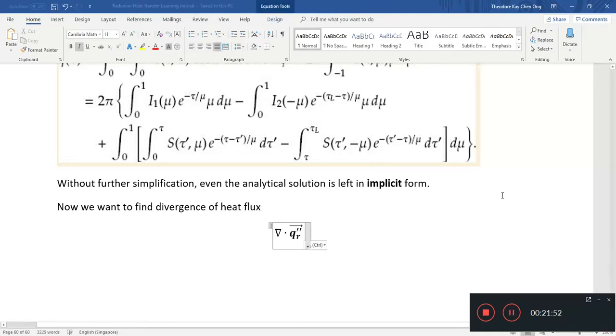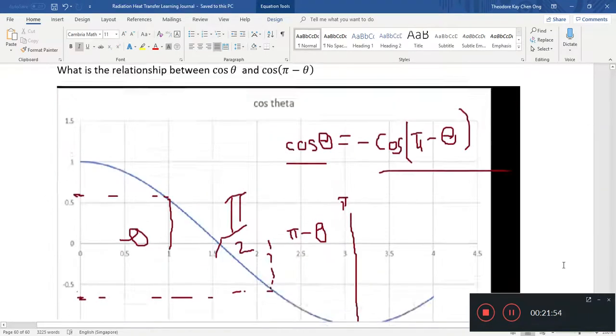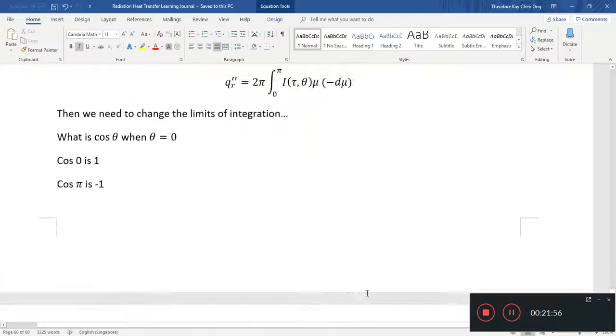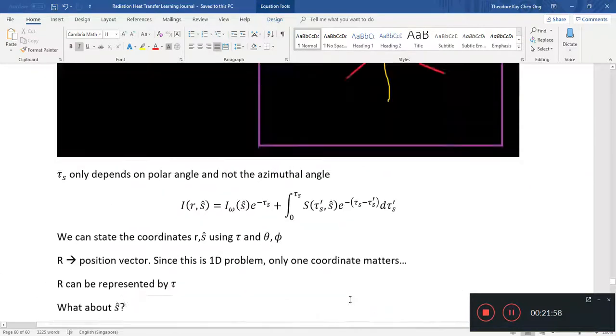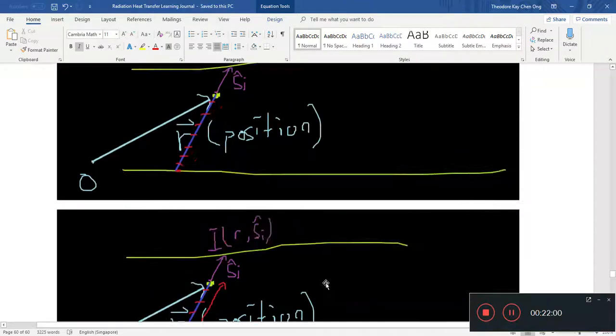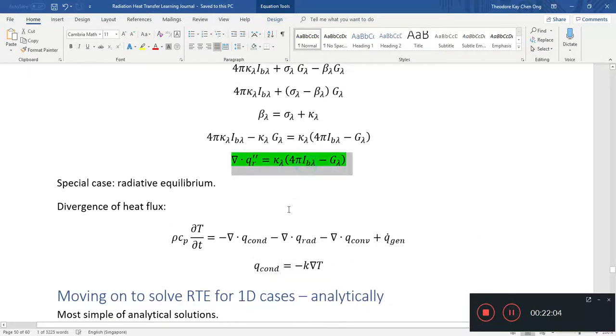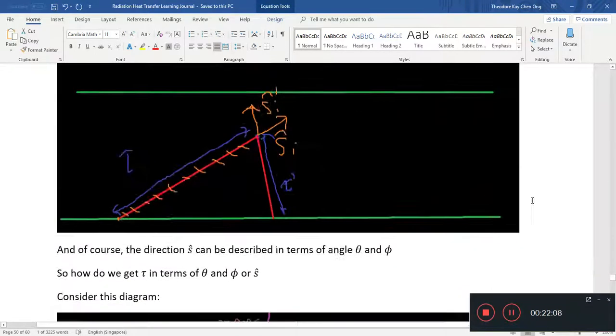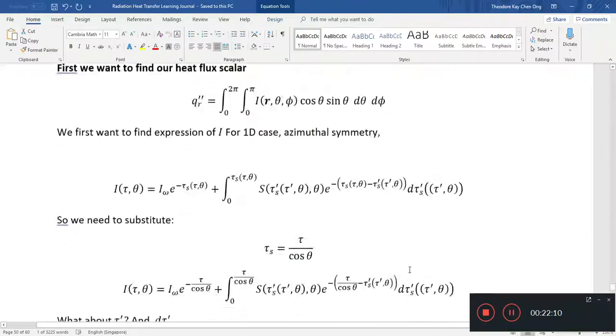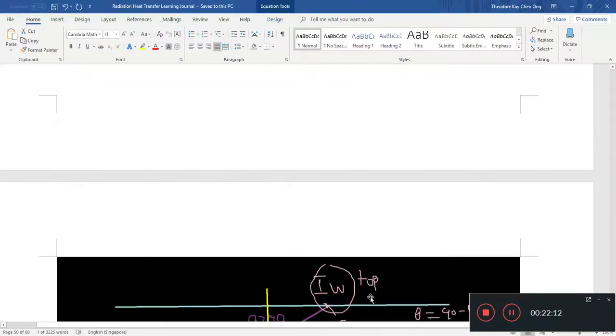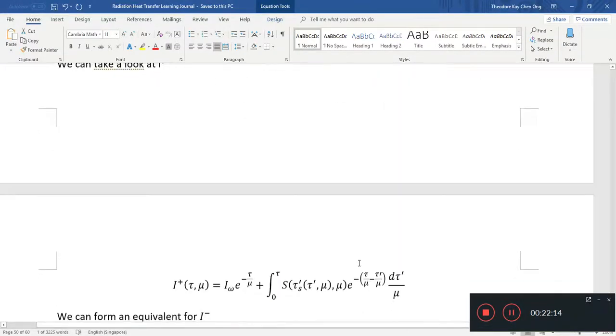So what was the basic form of this? Before we talk about 1D cases, there was a simple form, and this is the form we are looking for. So let's scroll to the bottom, paste this formula there, and see what it looks like for the 1D case.